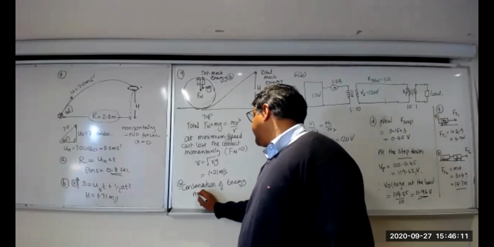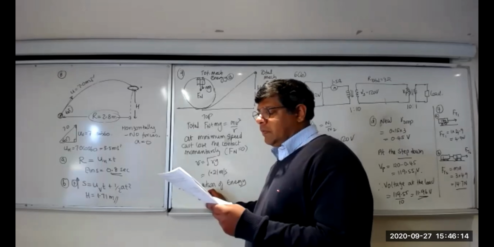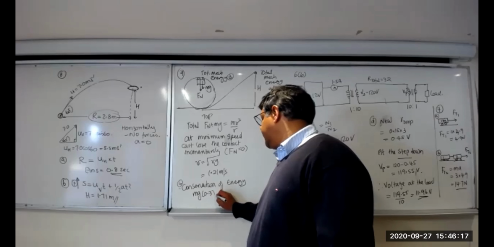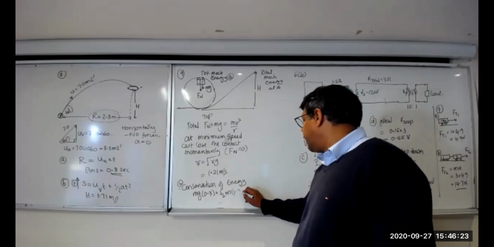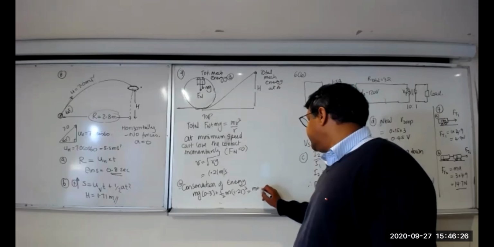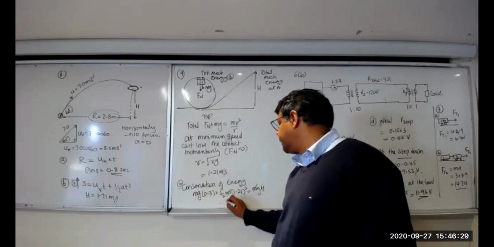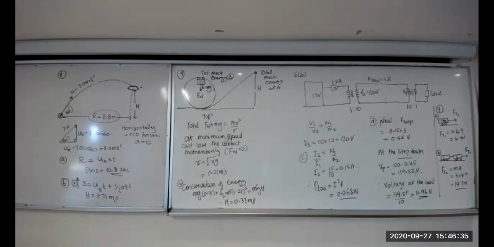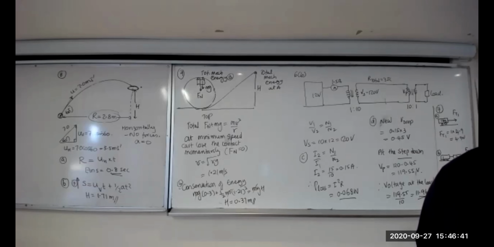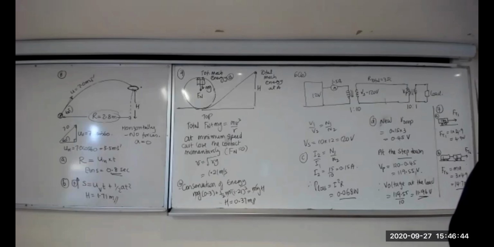So mg times your diameter, which is 30 centimeters, plus half times mass times 0.121 squared equals mg times height. You can cancel m, so you should get like 0.37 meters. I got 0.37, just check whether it's 0.37 or 0.38. Okay, 6b, I'll get rid of this.